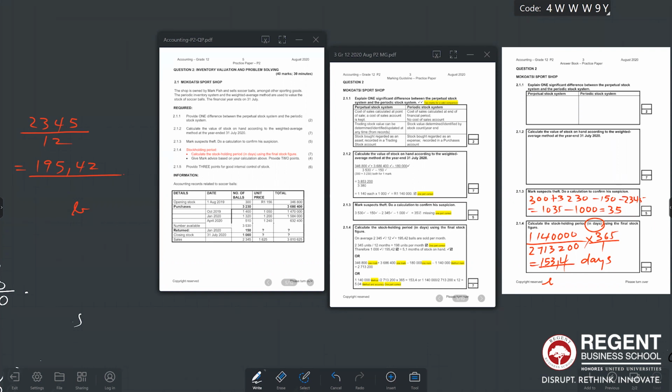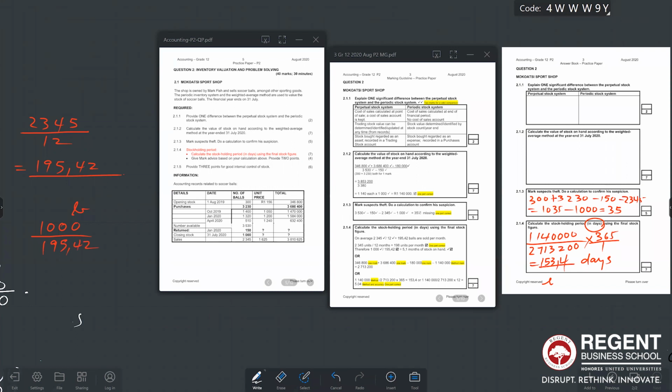So how long will it take me to sell all those soccer balls? 195.42 is what I'm selling each month. So I'm going to take 1,000 and divide it by 195.42, because in 1 month I sell 195.42.